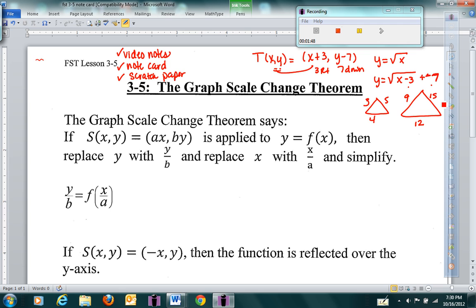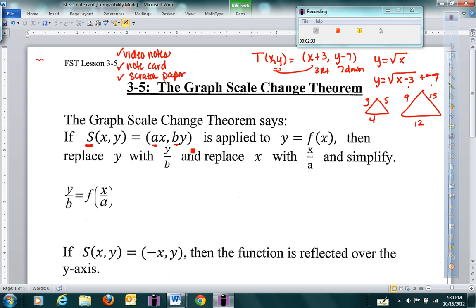So on your note card, I want you to write this information down that's right here. It says for lesson 3.5, we're going to call it the graph scale change theorem. The graph scale change theorem says this. Instead of using a capital T for translation, we're going to use a capital S for scaling. And it says the scale change x comma y is going to equal not adding or subtracting, but a times x and b times y.